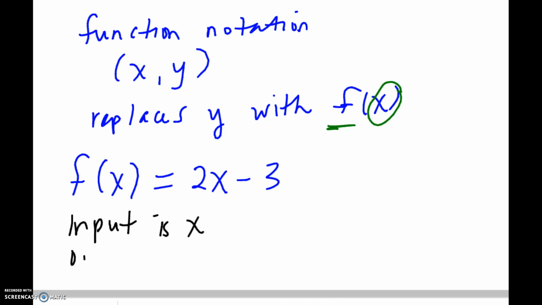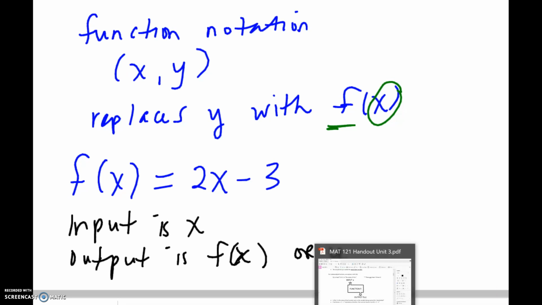And the output is f of x, which we are used to seeing written as y. Okay? We can evaluate functions, we can graph them. We know from our DMA modules that this is a linear function. If we were to graph this function, it would have a slope of 2, a y-intercept of -3.